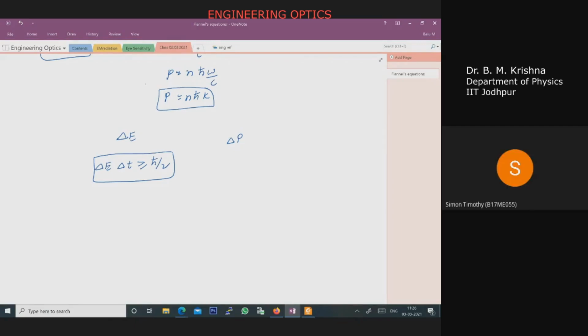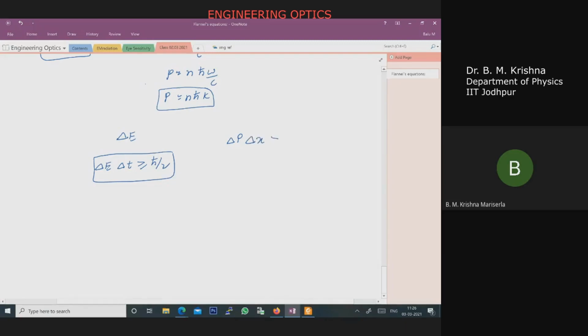For a given time interval, the energy that is measured for a particular wave would be with an error like such. But maybe before that you can explain this one clearly.